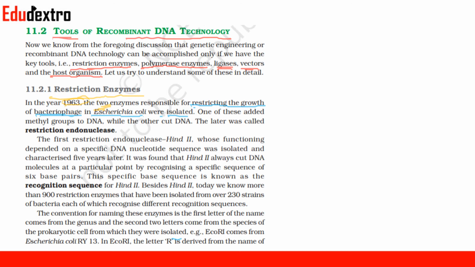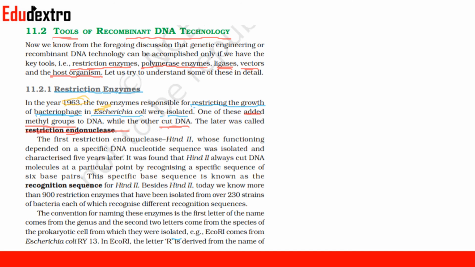That is why they have been named restriction enzymes. Though they are molecular scissors, they have been named as restriction enzymes because they restricted the growth of the bacteriophage in E. coli. One of these added methyl groups to the DNA while the other cut the DNA. The latter one was called the restriction endonuclease.